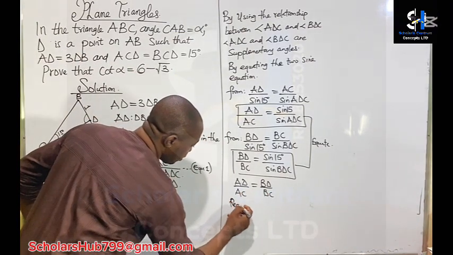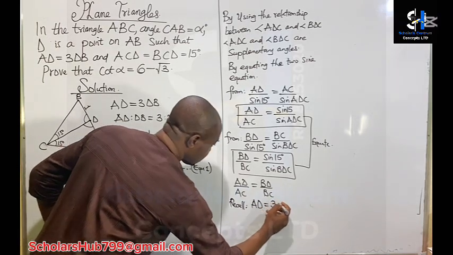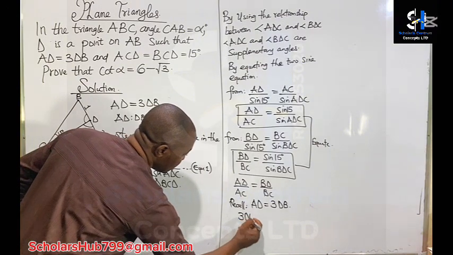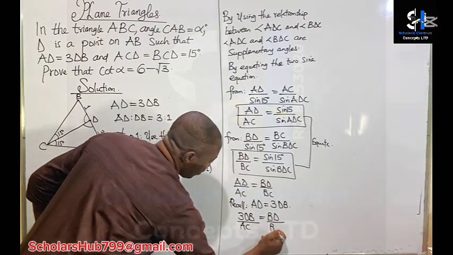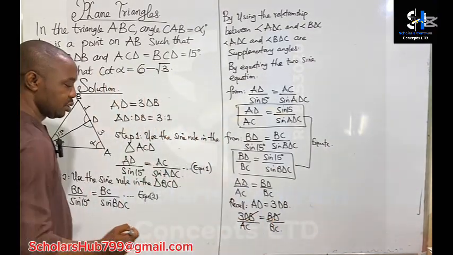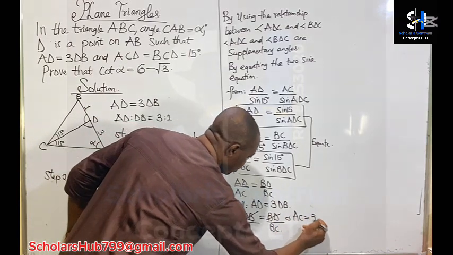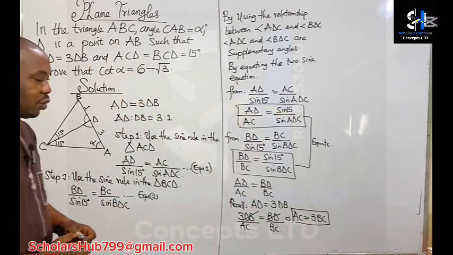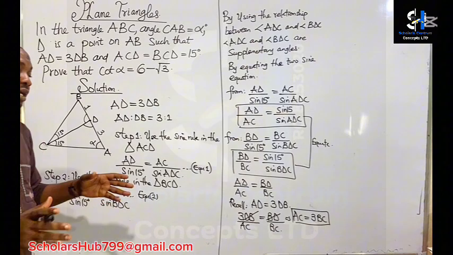We recall that AD equals 3 multiplied by DB. So this will be 3DB over AC equals BD over BC. Now DB will cancel out, and we are left with AC equals 3BC. We just have to establish this relationship between AC and BC.